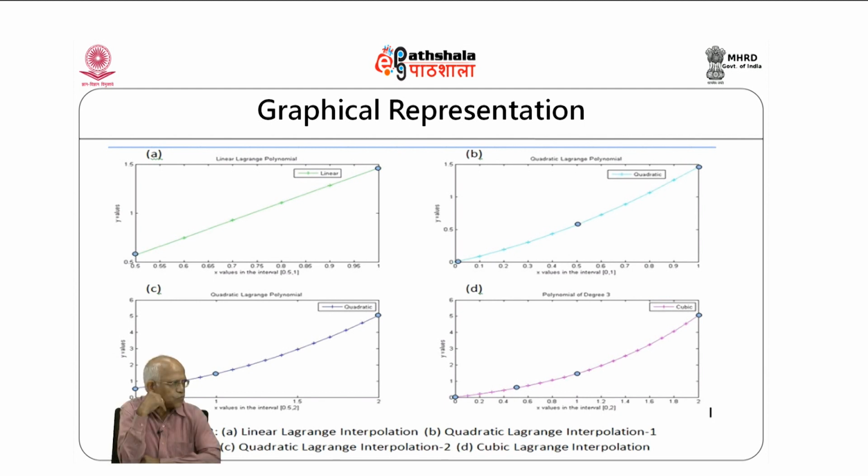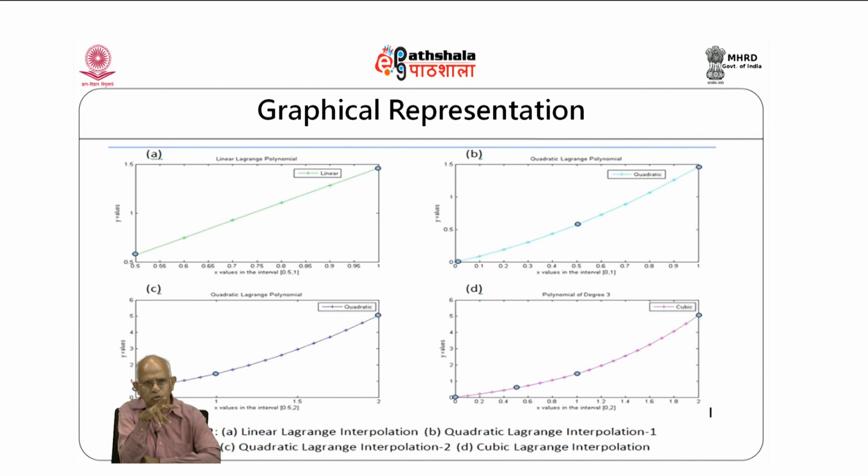Now this graphical representation shows what these interpolating polynomials look like on the entire interval we are considering. In the first case we get linear interpolation. In the second case we get quadratic interpolation, and you can see that there is only one intermediate point. In the first case there are only two end points. In the second case we have 3 points, one intermediate and two extreme points.